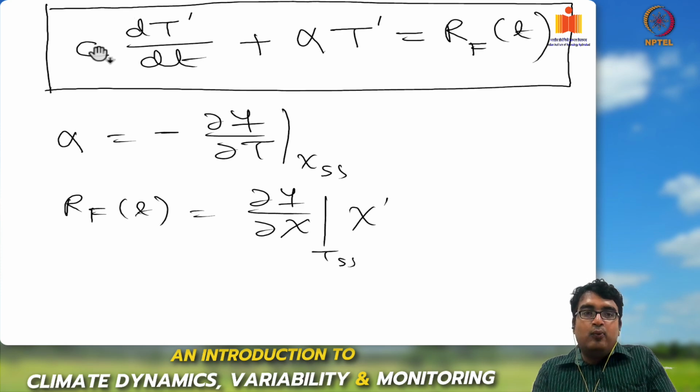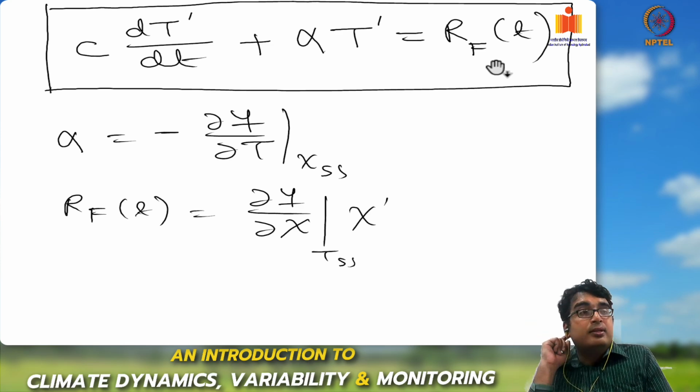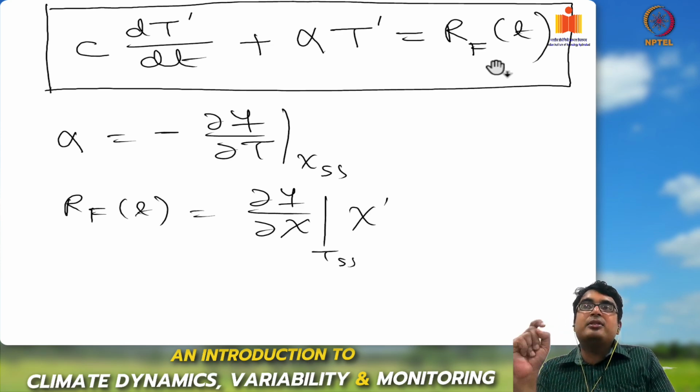And we have this final first order differential equation in terms of the temperature perturbation expressed in this one expression. Okay. So this is the zero-dimensional energy balance model, and the perturbed form of that model when we have a small change in one of the forcing parameters X prime and corresponding change in the temperature T prime.